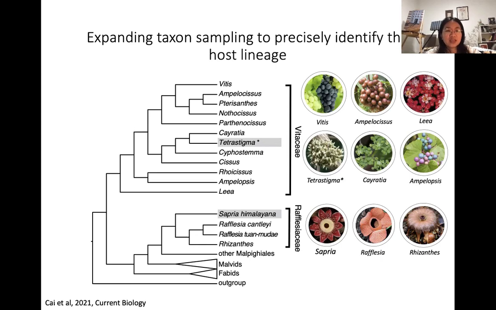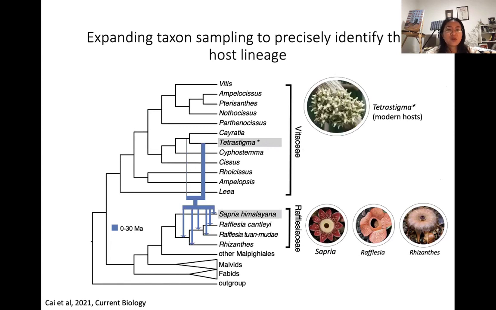And we reconstructed a phylogenetic tree for each of the horizontally transferred genes identified. What we found is that for all of the recent gene transfers received by crown group Rafflesiaceae, the donors can be traced back to Tetrastigma, which is exactly their current host right now.